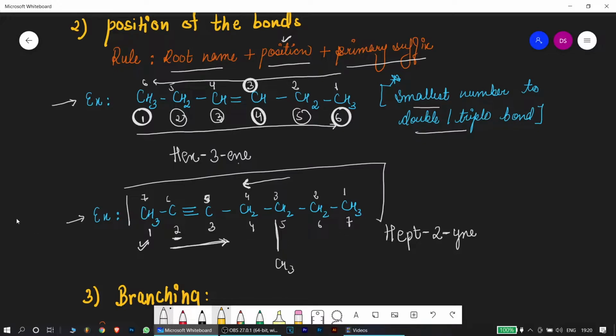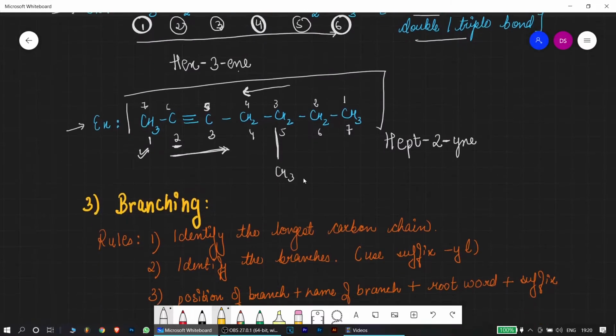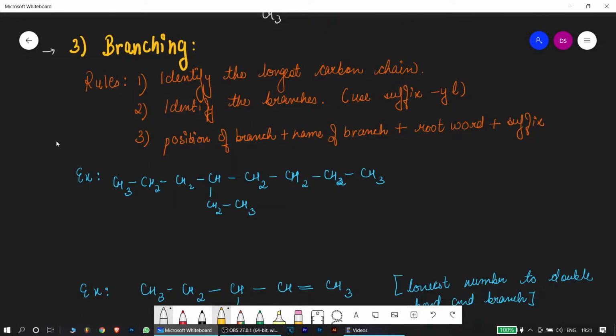Now let us just start with the branching concept. Here as you can see, I have explained the concept for branching. Now there are some rules or the steps which you have to follow, right? So the first step is you have to identify the longest carbon chain. Very, very important. You have to first identify the longest chain. Then you have to identify the branch.